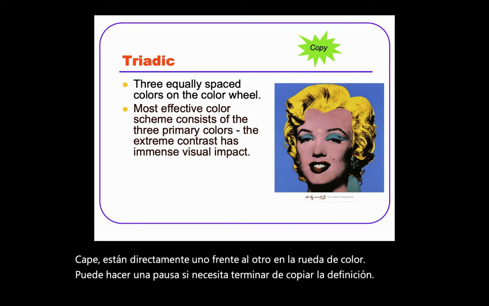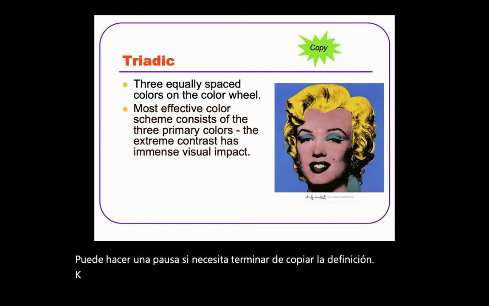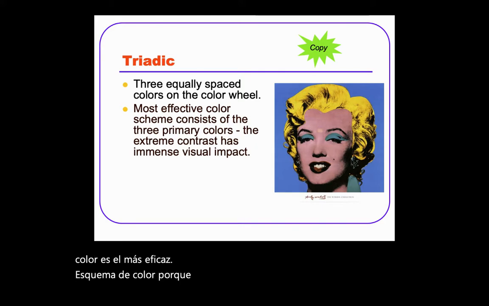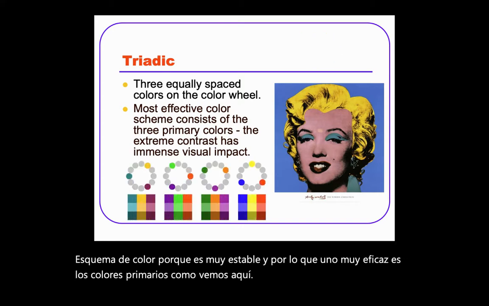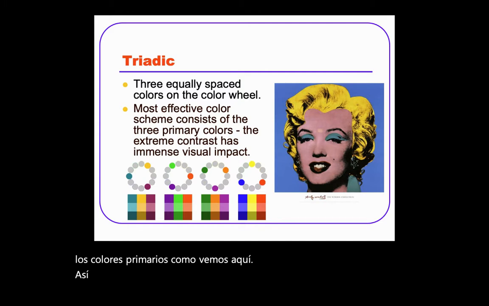Okay, triadic. Triadic colors are 3 equally spaced colors on the color wheel. It's the most effective color scheme because it is very stable. And so a very effective one is the primary colors, okay, as we see here. So you've got the diagram here that kind of shows you how it's spaced on the color wheel, again, using tints and tones.